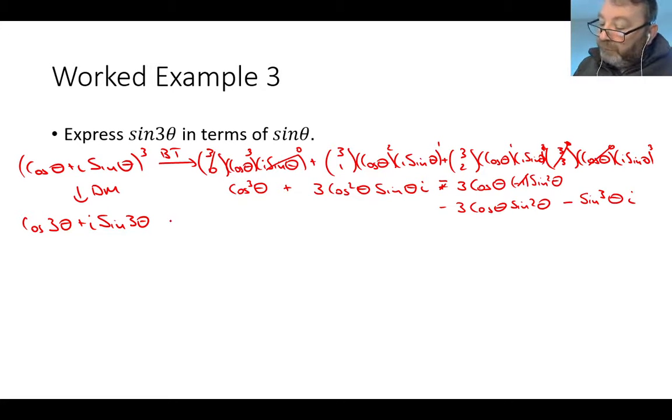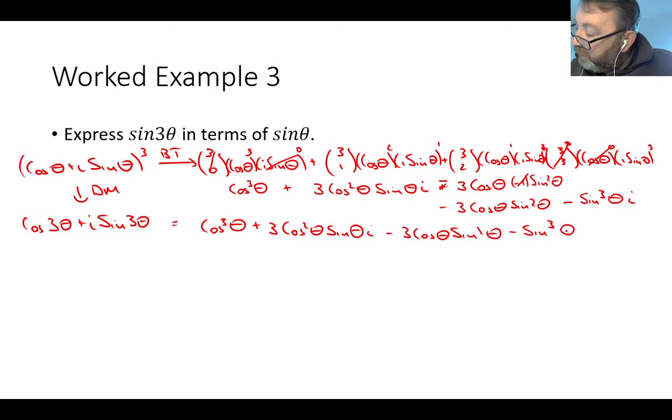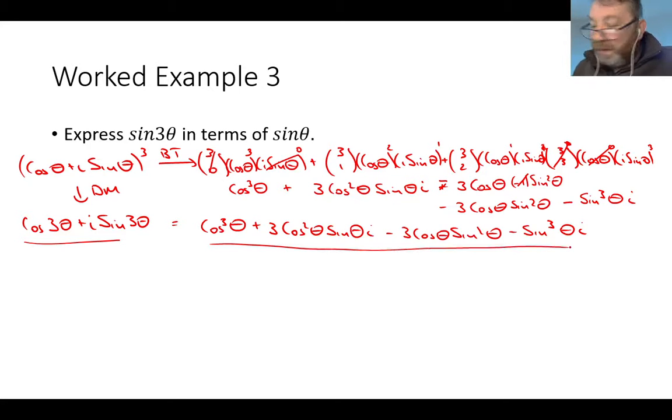So just to gather those terms together and equate them, we get cos cubed theta plus 3 cos squared theta sine theta i minus 3 cos theta sine squared theta minus sine cubed theta i. So now you have the De Moivre's expansion equated to the binomial expansion.